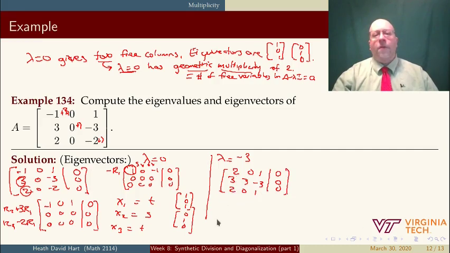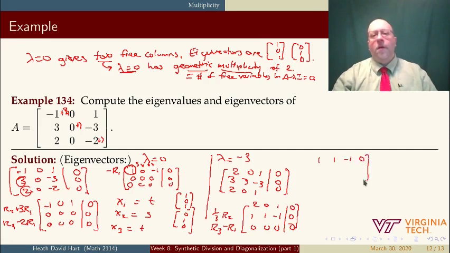The top row and the bottom row cancel. And I'm also going to go ahead and divide the middle row by 3. I'm going to switch these 2 rows. And clear out this 2, row 2 minus 2 row 1.